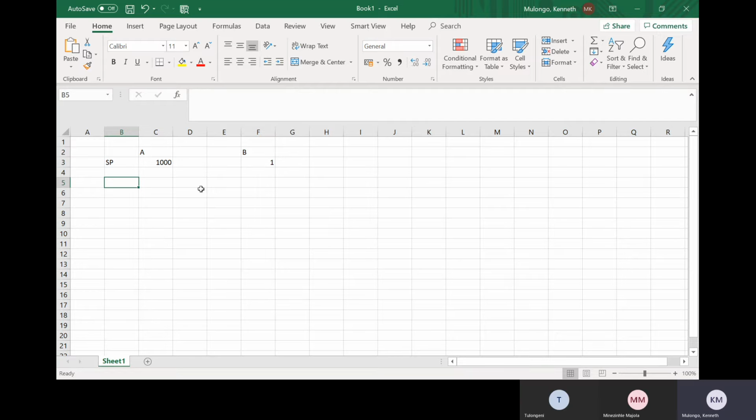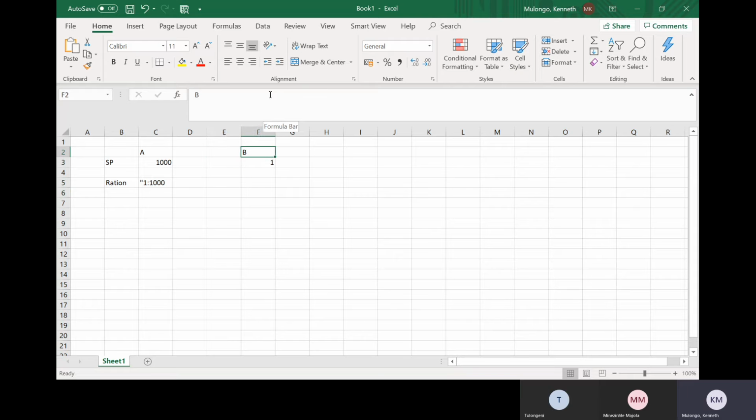So then your ratio will basically be 1 to 1,000. That means every time company A comes with 1 share, they'll be able to get 1,000 of company B shares.